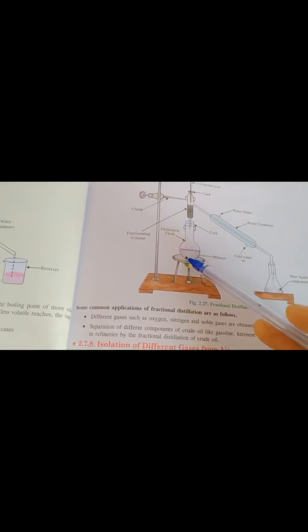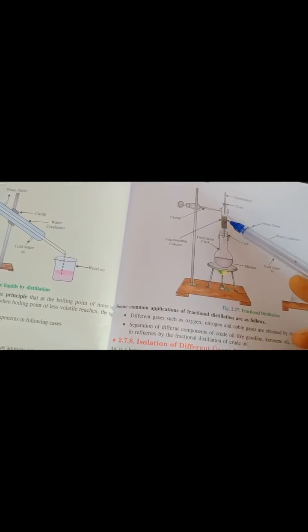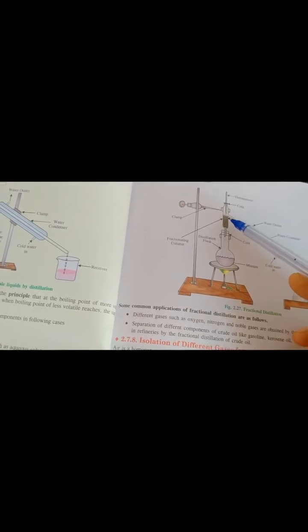At the same time temperature becomes higher and water is also coming out along with alcohol. Then what will happen? The motion, or you can say velocity, kinetic energy of the particles of acetone is higher.